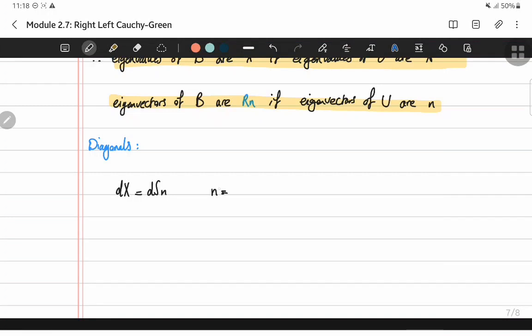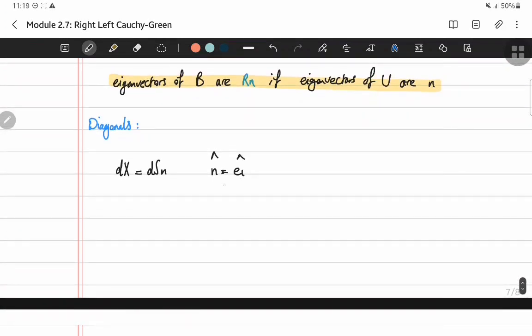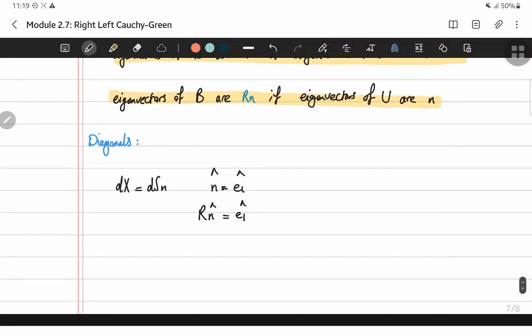So if n is equal to E1 in here, and for B, this is basically Rn. So in order to get this Rn in here, this is Rn, this is E1, right? Because we said that the eigenvectors of B are Rn. For C, it wasn't a problem because the eigenvectors of C were the same as n in the deformed configuration.